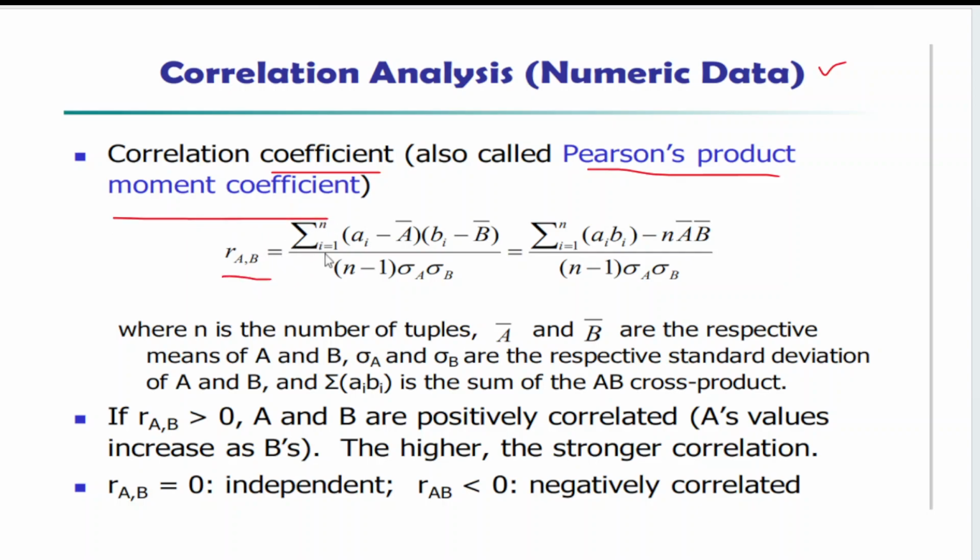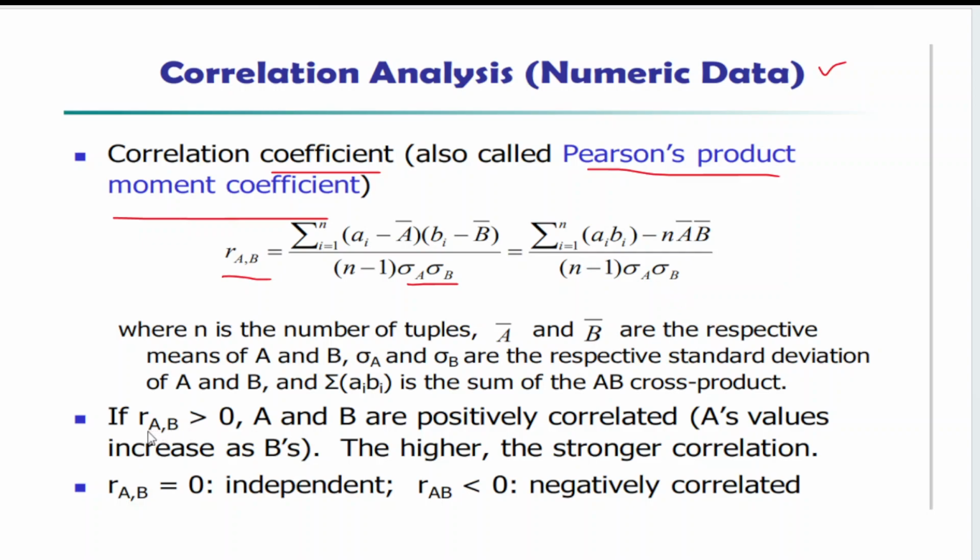So sigma i equals 1 to n, (ai minus a bar) into (bi minus b bar), by (n minus 1) into sigma a into sigma b, where sigma a and sigma b are the standard deviation of A and standard deviation of B, and a bar and b bar are the respective means of A and B. That is also sigma i equals 1 to n ai bi minus n a bar b bar, by (n minus 1) into sigma a into sigma b.